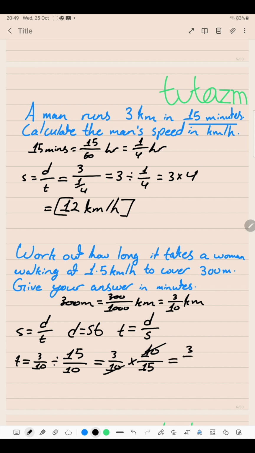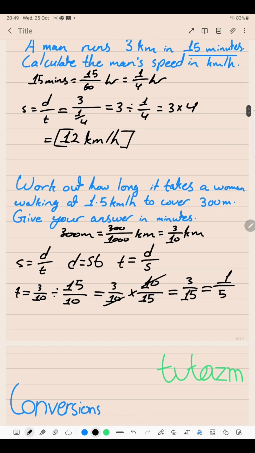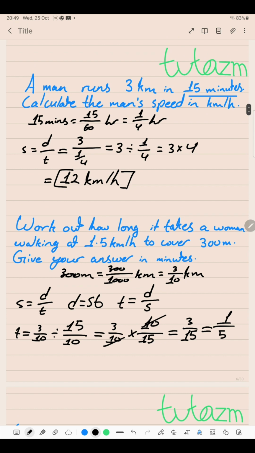We get 3/15, which gives us a final answer of 1/5. So our answer here is 1/5 of an hour, but the question says give your final answer in minutes. So in order to convert that into minutes, I'm going to multiply 1/5 by 60 to get a final answer of 12 minutes.